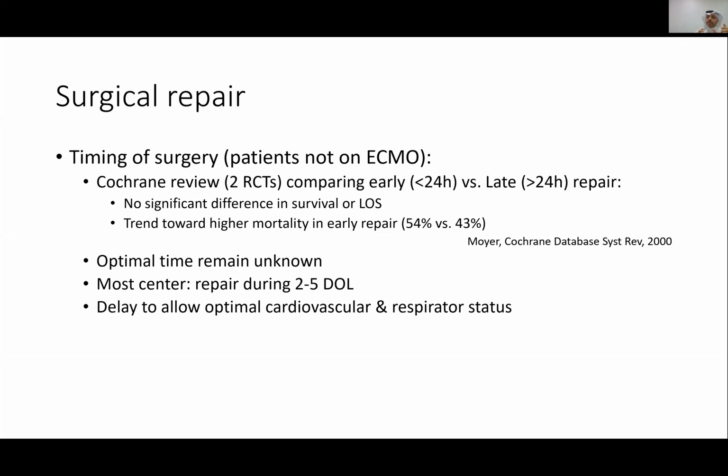Usually they're very good in the first 24 hours. The first 12 to 24 hours, this is what we call a honeymoon period, where the babies actually look very good because they're still transitioning into the normal circulation from the fetal one. But after 24 hours, you start seeing pulmonary hypertension. You start to see them doing not so well. So you want to wait a little bit until they go over that transition period.